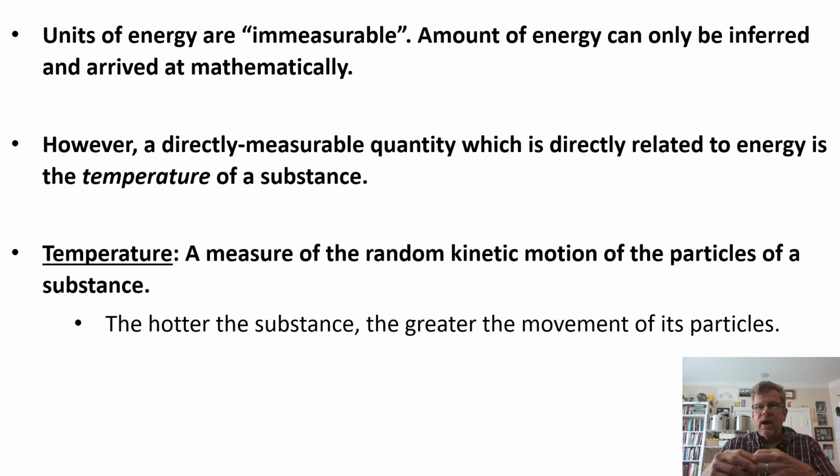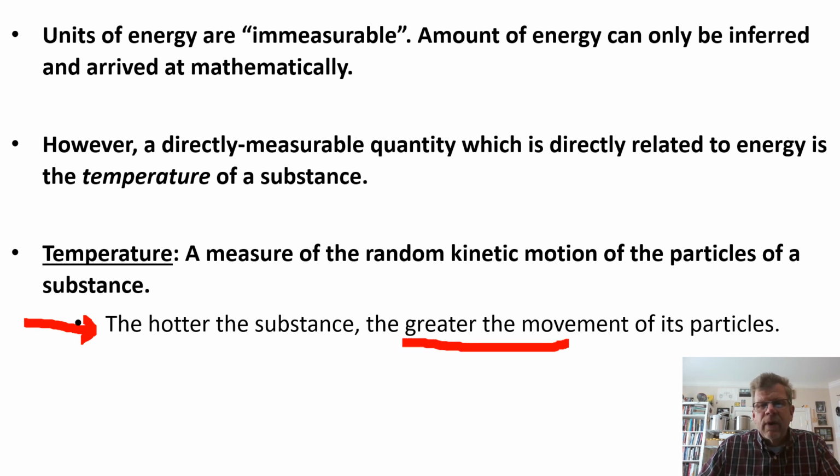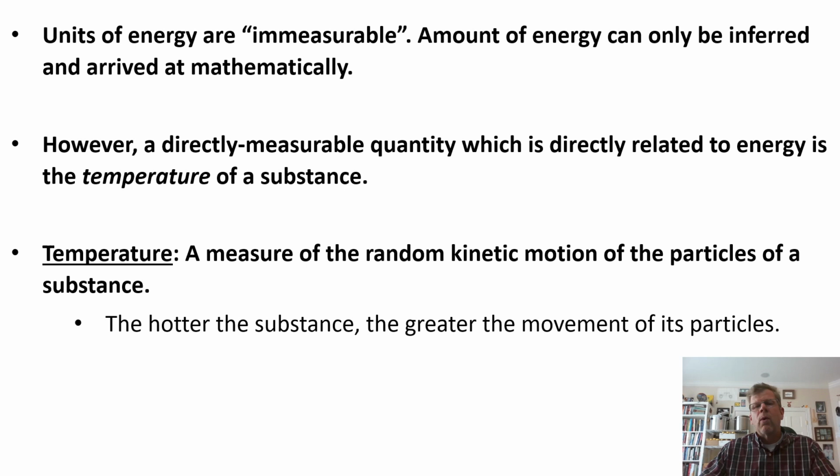Whether it is the random movement of gases or liquids or the vibrational movement of the particles of a solid, it's all about movement. Essentially, with respect to temperature, from a particulate standpoint, the hotter the substance, the faster the movement of its particles, the greater the movement of its particles. And of course, the opposite stands true as well. The cooler the substance, well, its particles' movement slows down.